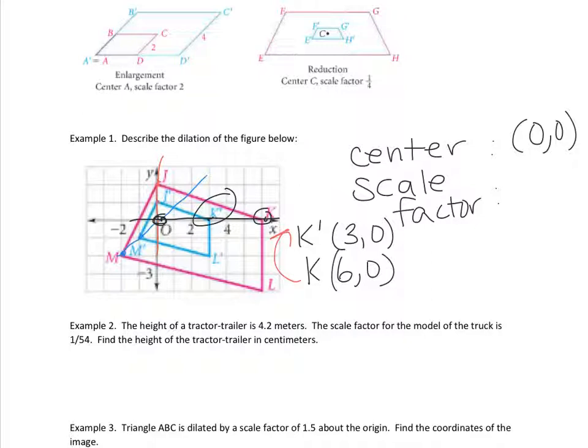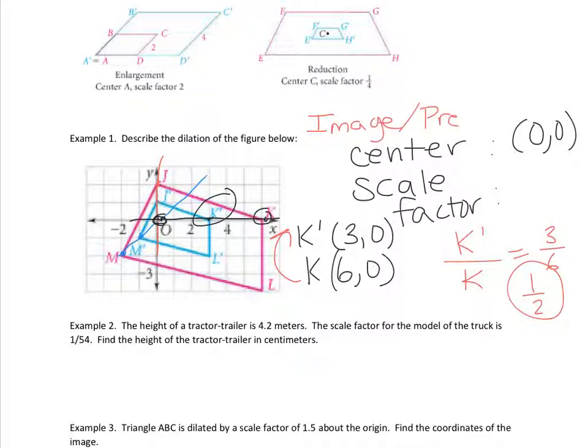You're going to want to take K prime and divide it by K. So K prime divided by K is 3 over 6, which is 1/2. So the scale factor is 1/2. So take your image and divide it by the preimage. Remember, your image has the primes on it and your preimage does not.